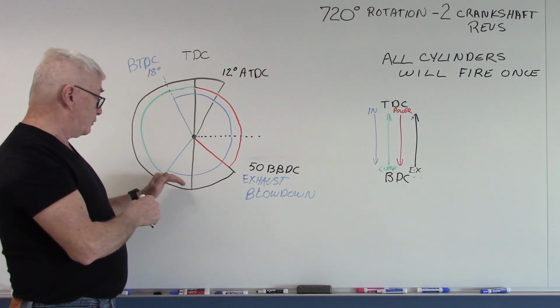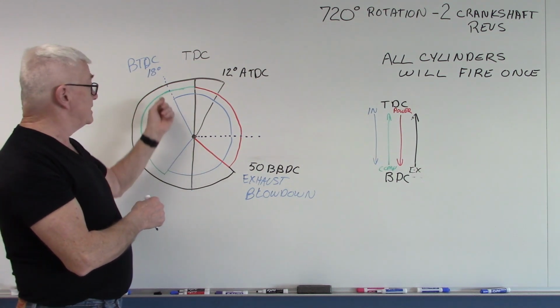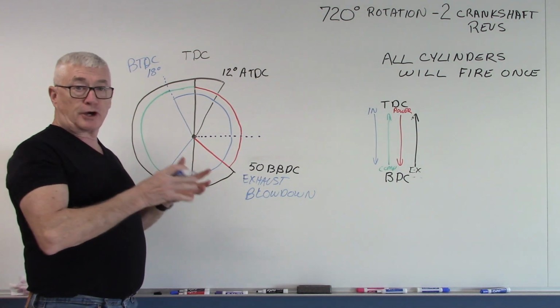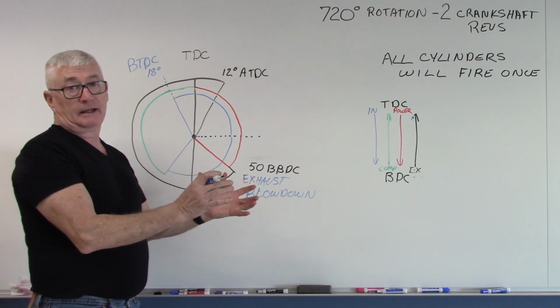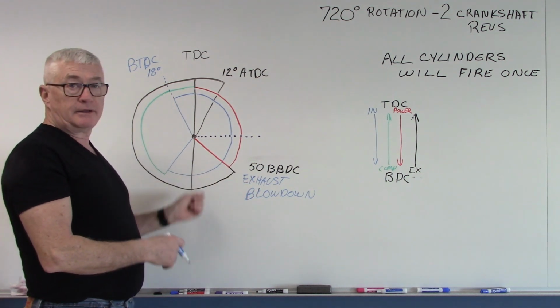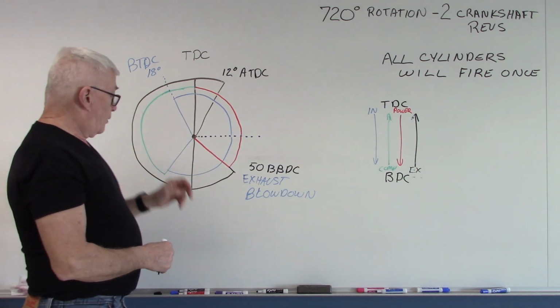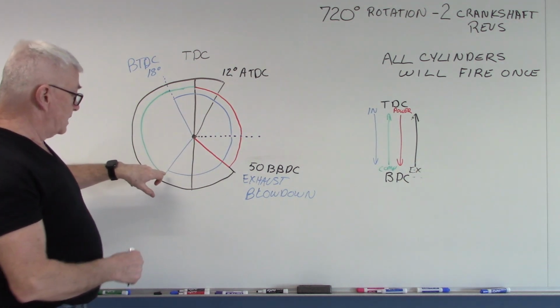So at that point we're going to leave it open, because if I have a turbocharger on there, I can get that turbocharger to squeeze more air in than if I had closed it here and then just did my compression. Our compression will actually begin here then.